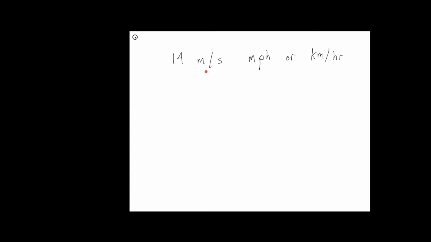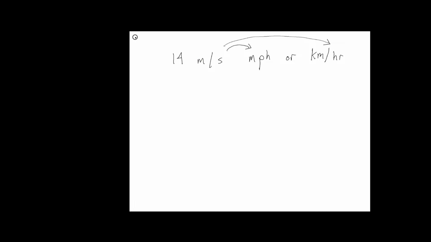You might get a feeling of meters per second if you've looked at a lot of them, but if you haven't, and wait, is my screen not updating? Oh, I see. It's not caught up with the live stream. Okay. So if we have 14 meters per second, we want to turn this into miles per hour or into kilometers per hour. So how are we going to do that?